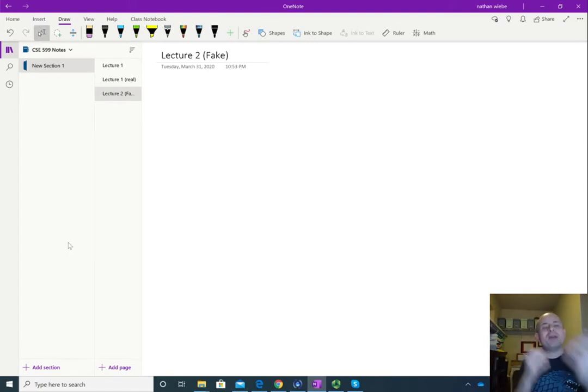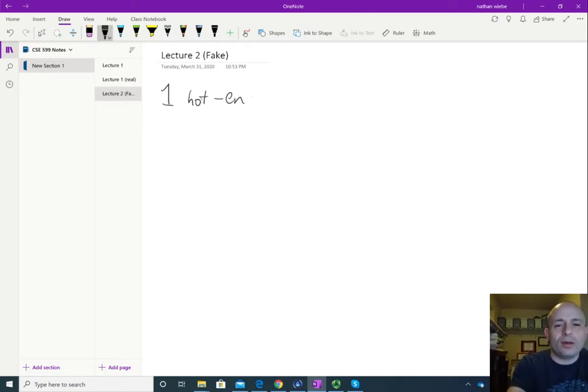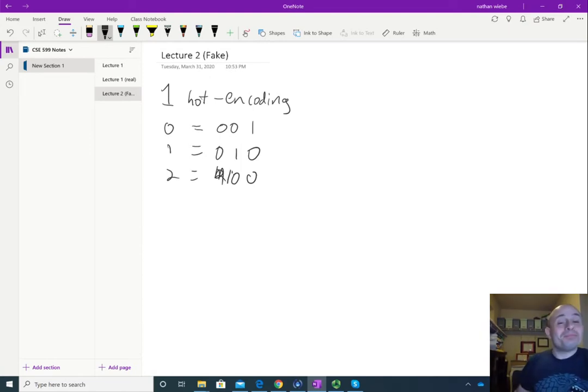The fundamental idea behind all of this is a one-hot encoding, which, as you remember from last time, is a form of a unary encoding of a number. For example, we would write the number 0 in one-hot as something like this. And 1 would be written as 0, 1, 0, and 2 would, of course, be 2. Or, no, it wouldn't be 2. It would be 1, 0, 0. Okay, so that's an example of a one-hot encoding.